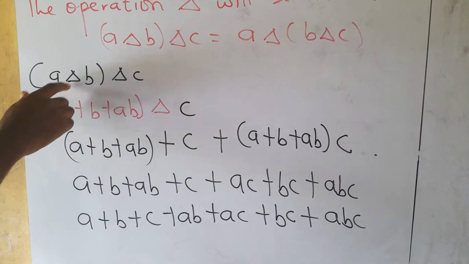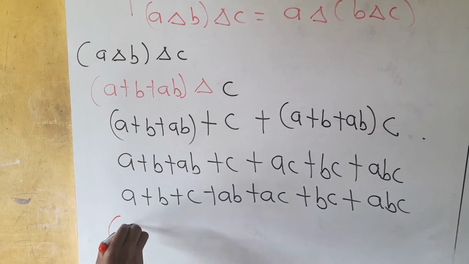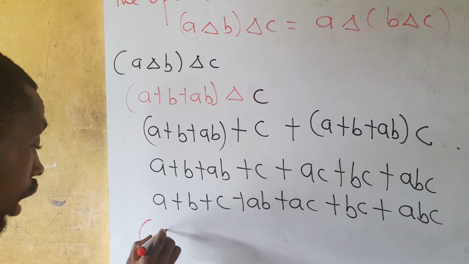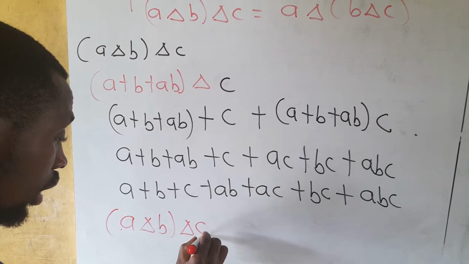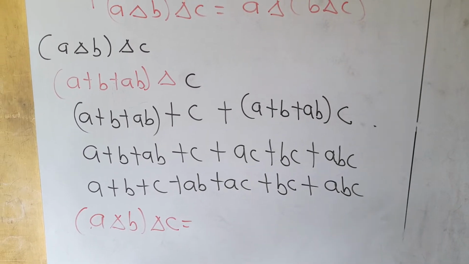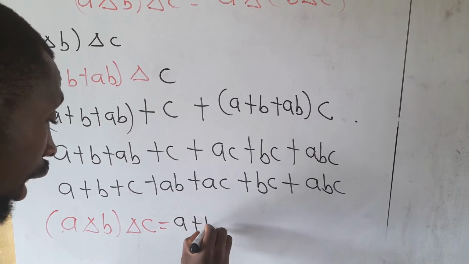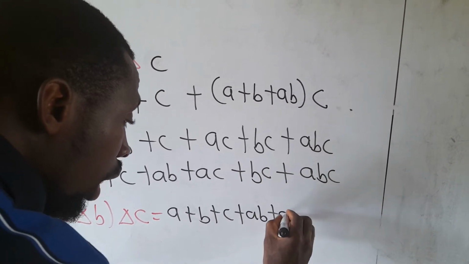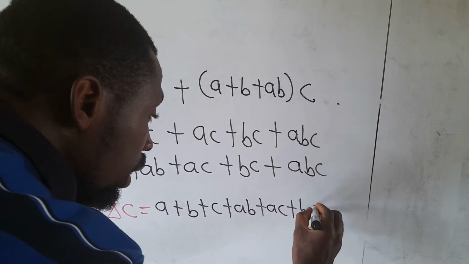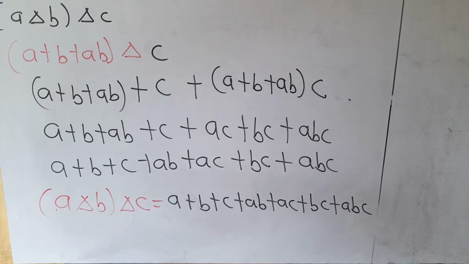That will be (A delta B) delta C. So we can say (A delta B) delta C is equal to A plus B plus C plus AB plus AC plus BC plus ABC.